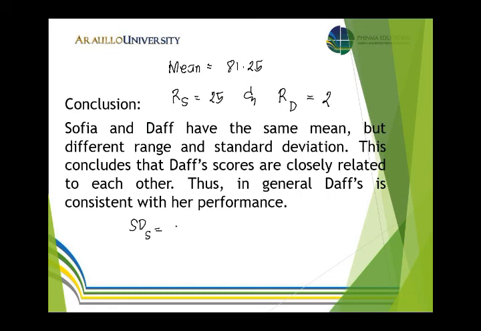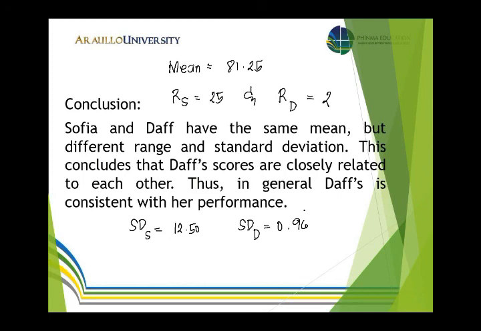And then also the standard deviation ni Sophia is 12.50, and standard deviation naman ni Daphne is 0.96. Okay. So by that, we can conclude that Daphne's scores are closely related to each other.